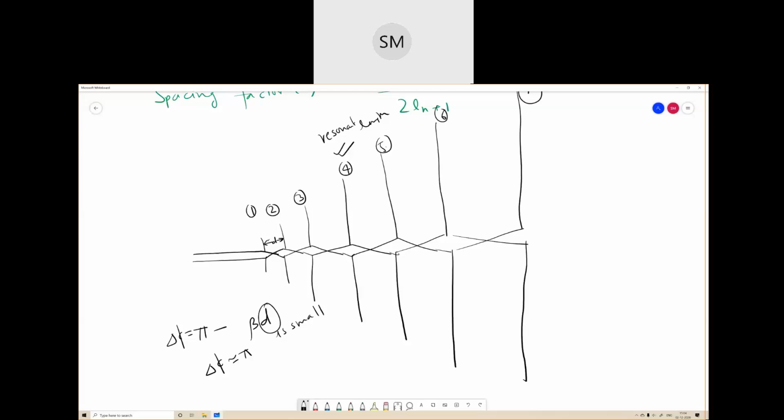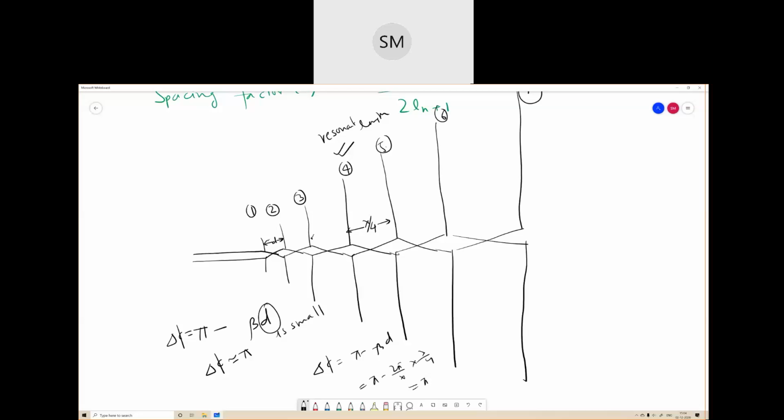Now let us consider the resonant element. Here the distance is almost lambda by 4. So what is the phase difference? Delta phi would be pi minus beta d. So pi minus 2 pi by lambda into lambda by 4.